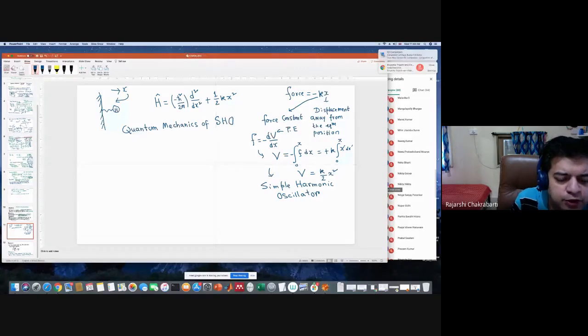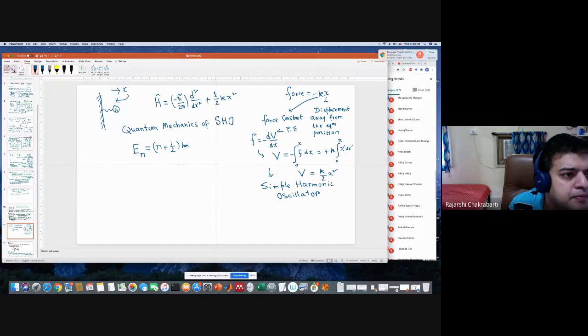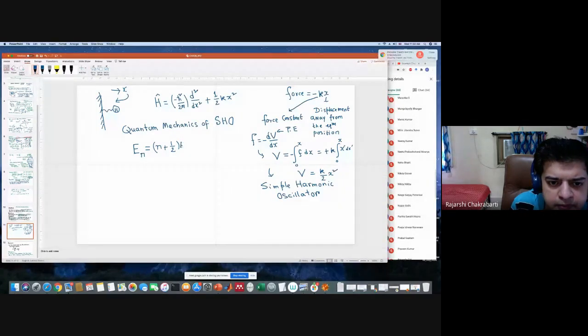Right now I'm interested in the energy. You'll see that this energy depends on a quantum number n, and the expression is given by n plus half, and n is an integer, either 0, 1, 2, like this.